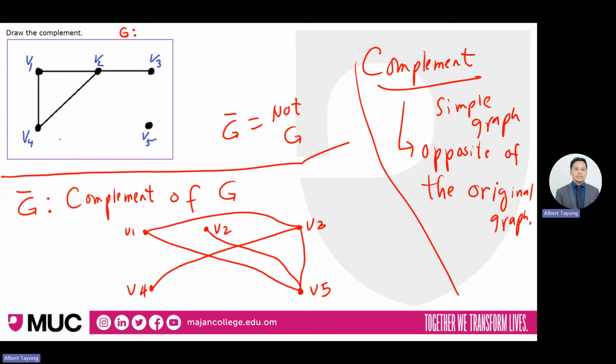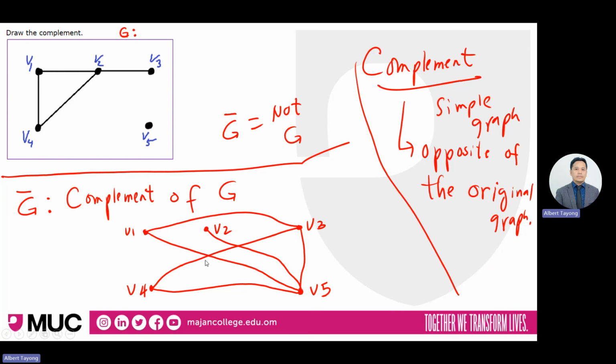Our V4 is connected to 2 and 1. The opposite is 3 and 5. It's connected to 3 already, so we have to connect only V4 to V5. Our V5 was isolated in the original graph. Now it is connected to all the points, V1, V2, V3, and V4. So we don't need to draw it again.